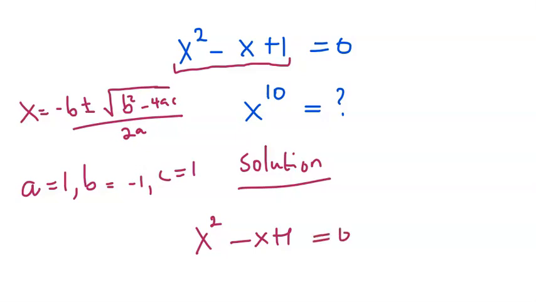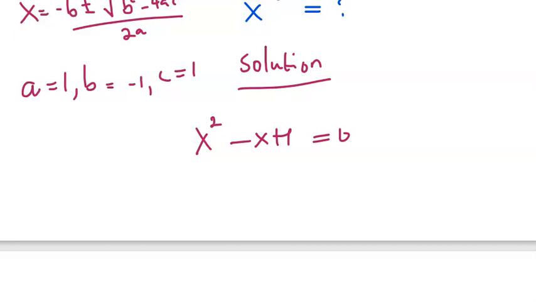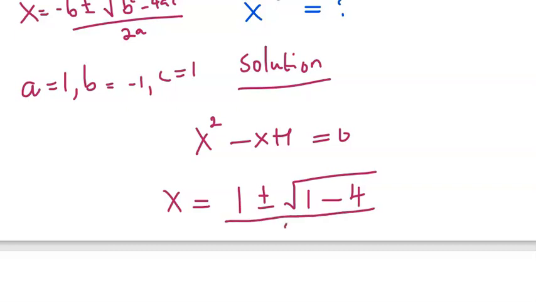So we're going to get x is equal to negative b, in this case 1, plus or minus the square root of b squared, here negative 1 squared, which is 1, minus 4ac, 4 times 1 times 1, which is 4, then divided by 2. So this will give us 1 plus or minus, and inside this radical we have negative 3.